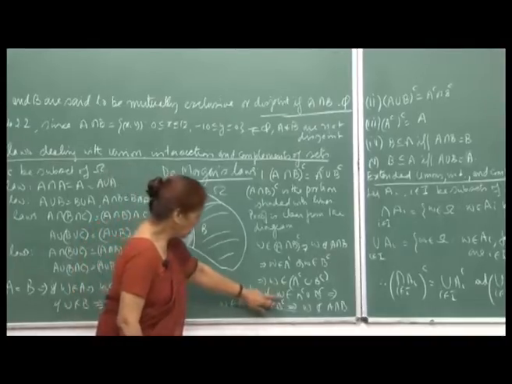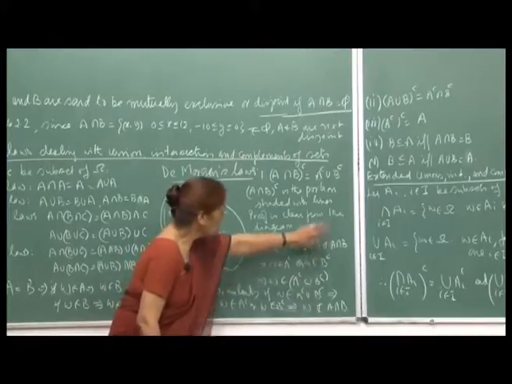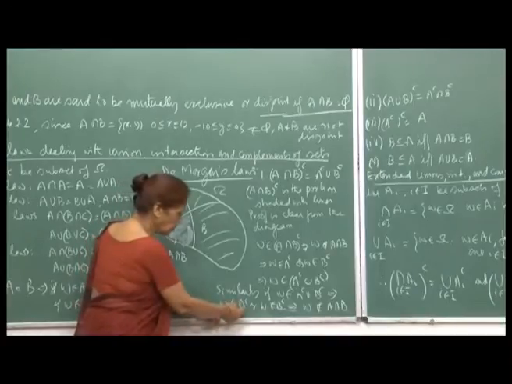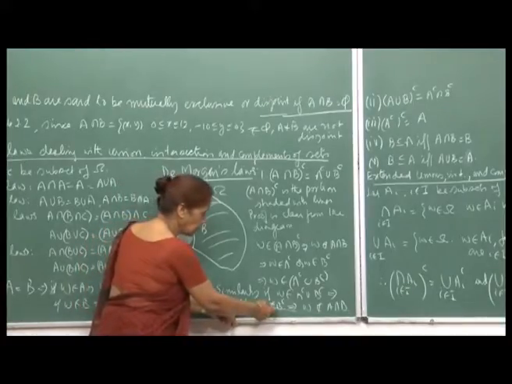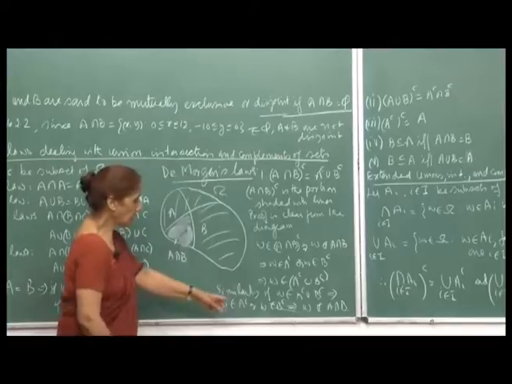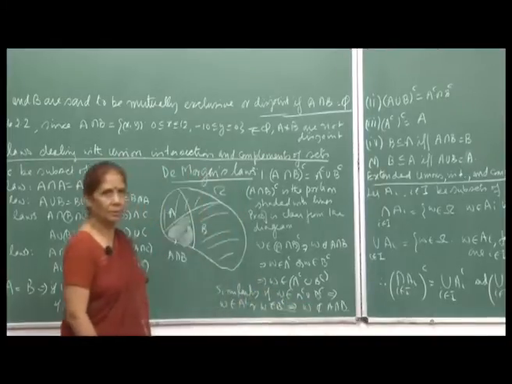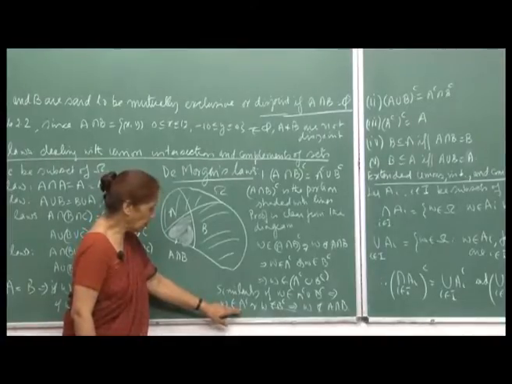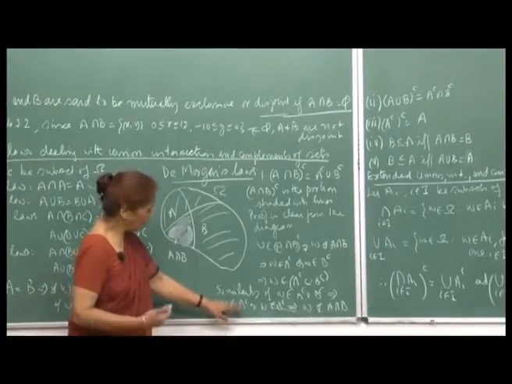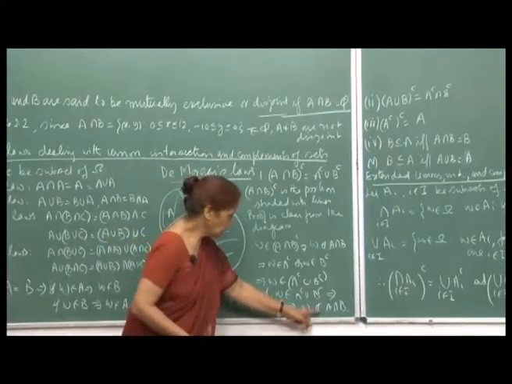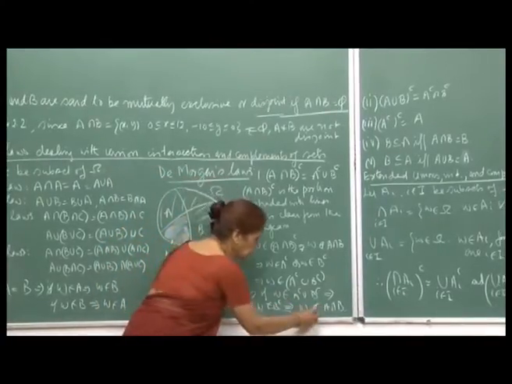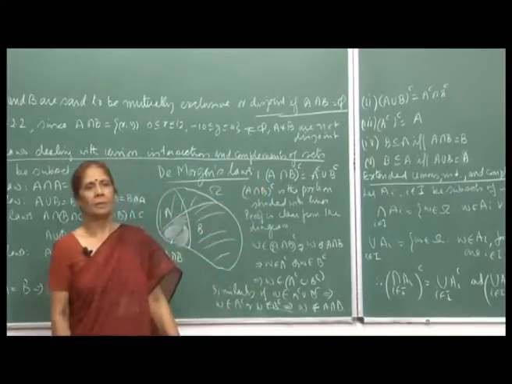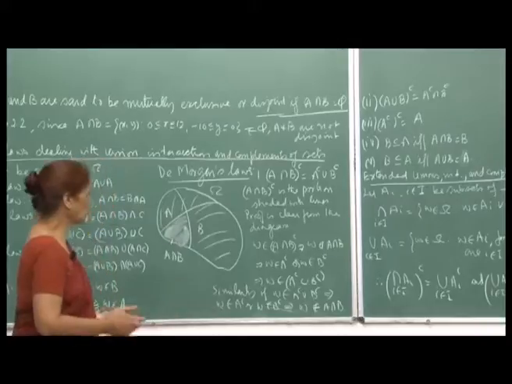Similarly, if omega belongs to A complement union B complement, then omega either belongs to A complement or omega belongs to B complement, which implies that omega does not belong to A intersection B, right, because either omega belongs to A complement, which means that it does not belong to A, or it does not belong to B, which means that omega does not belong to A intersection B, and so it belongs to A intersection B complement. So, I have shown you both ways, and therefore, the two sets are equivalent.